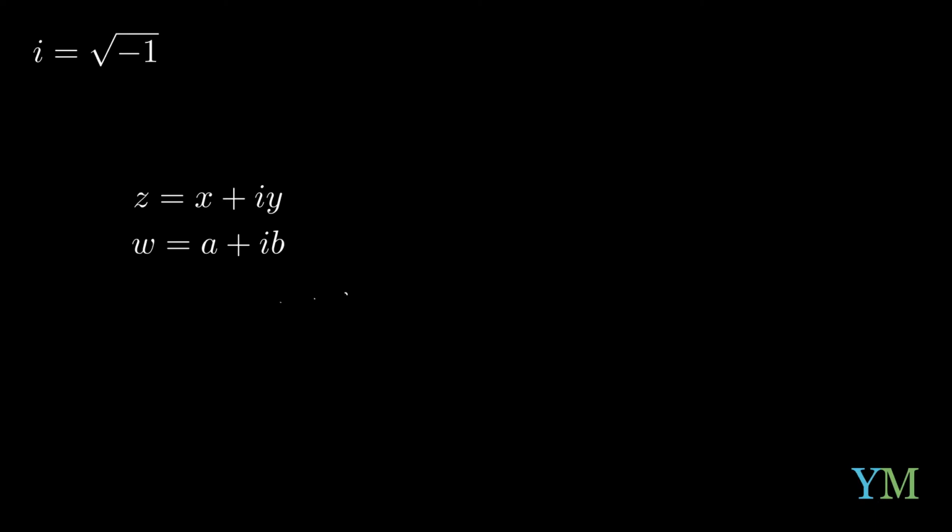For now, and soon we'll understand why, we're going to define that z plus w is x plus a, the two real parts of each number, plus i times y plus b, the imaginary counterparts of those numbers. Now this number that we have is a complex number on its own. Soon we'll see and understand exactly what it means.